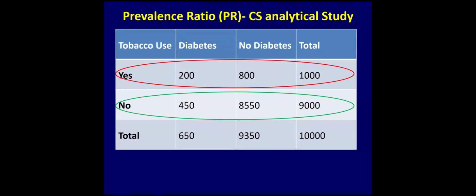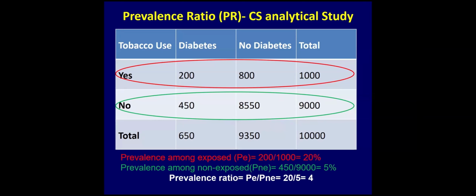Excellent. So we get a prevalence of diabetes among those who are using tobacco, and we'll get a prevalence of diabetes among those who are not using tobacco. What we can calculate is prevalence ratio. Mathematically, it will be same as relative risk. But how will you interpret this prevalence ratio of 4?